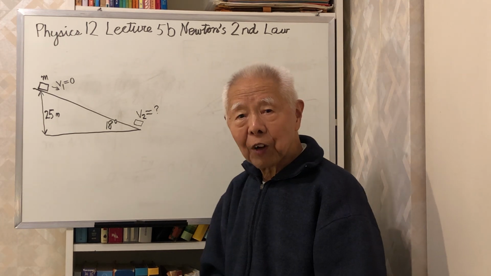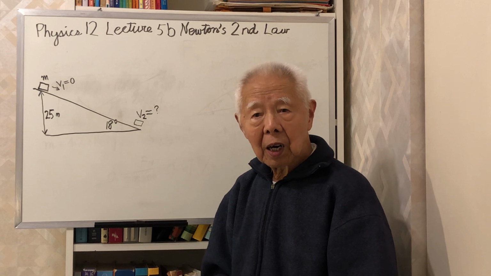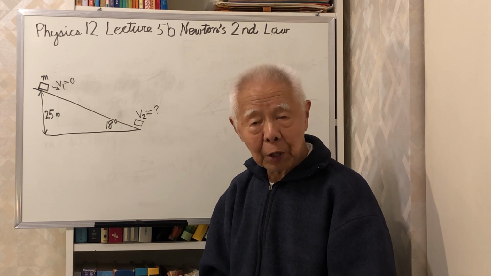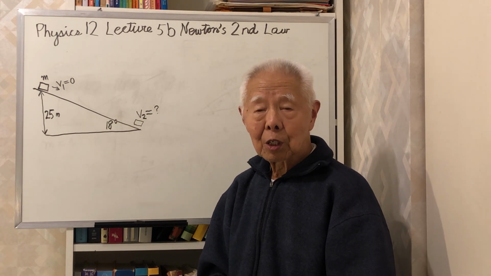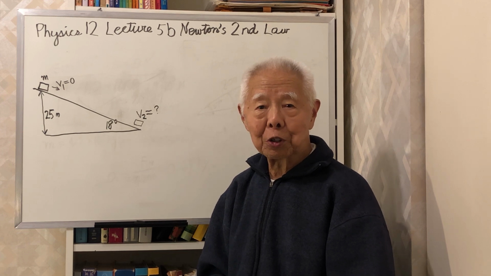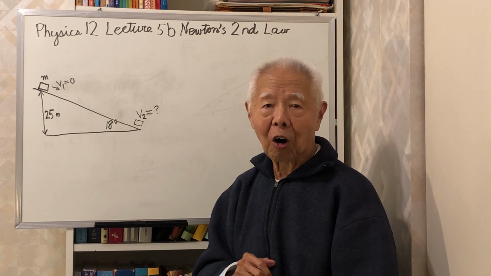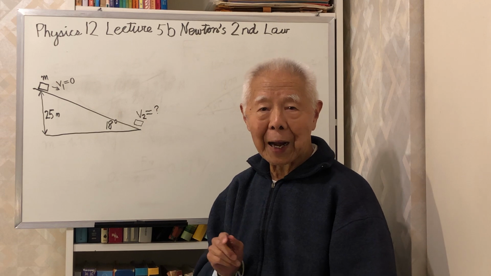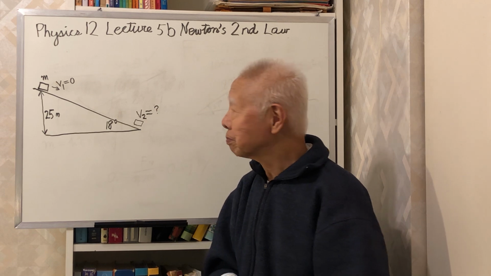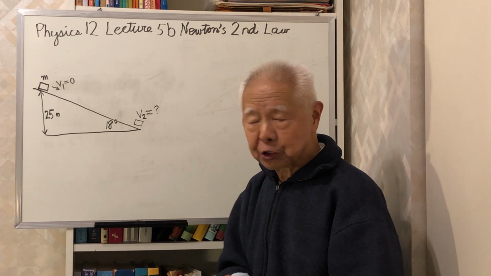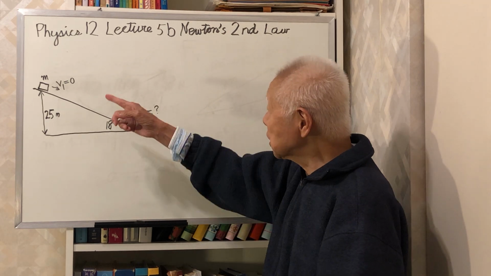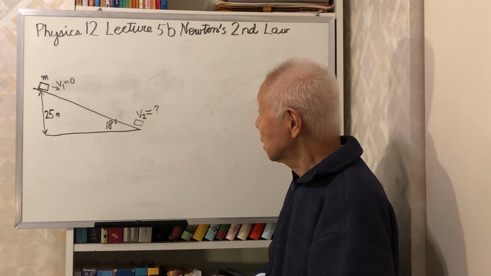But to use the equations of motion, I need to know the acceleration. And to find the acceleration, I need Newton's law: force equals mass times acceleration. So I need a force. What is the force in this question?